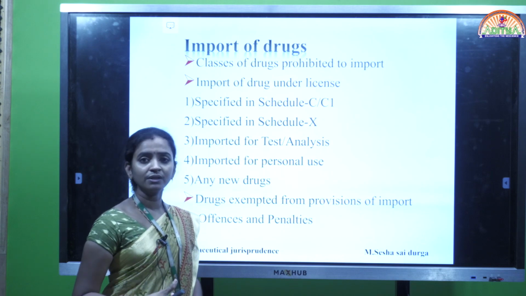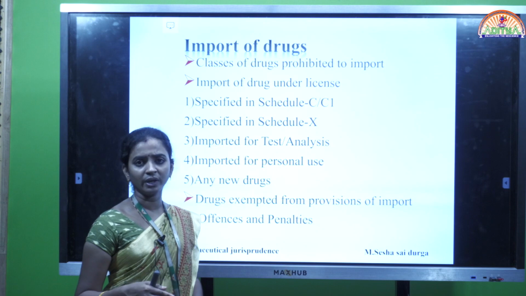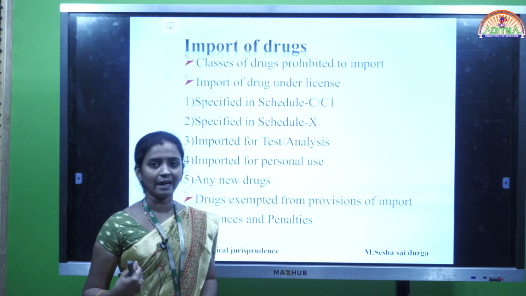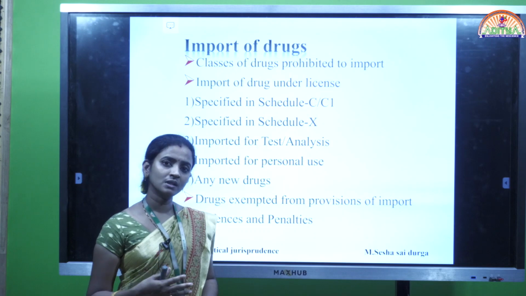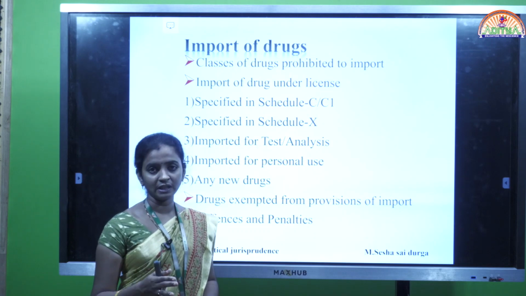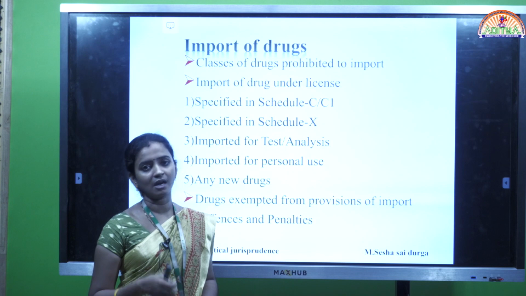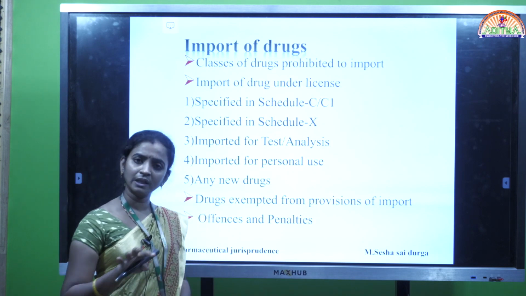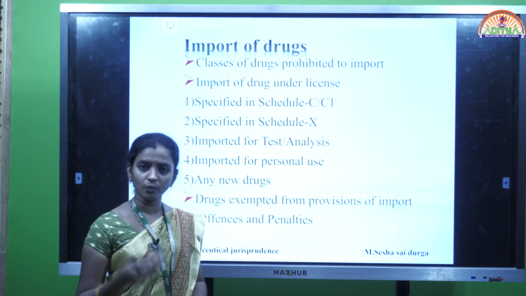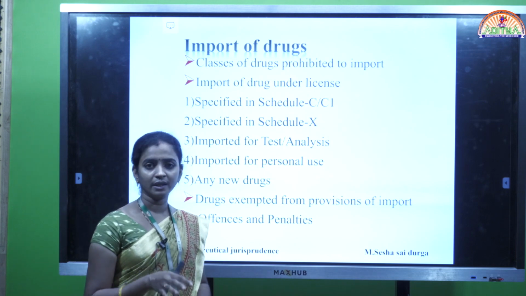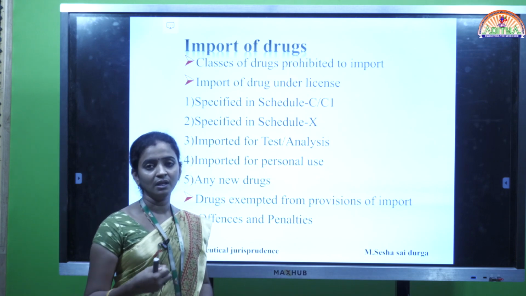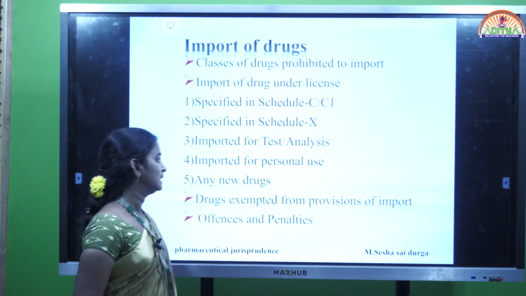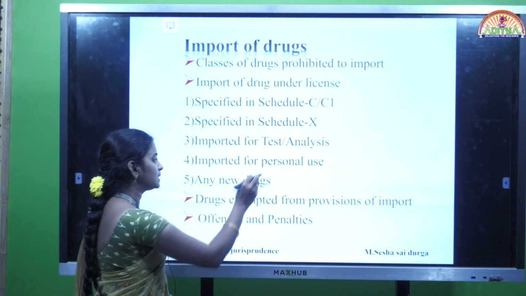If the doses of the drug are less than 100, okay, no need to obtain any license, he can carry them with his casual luggage. But when the doses are more than 100, then definitely he should obtain a license from the government. First they have to inform the concerned authorities, then if approval is given, they can carry the medicine from foreign to India. That comes under imported for personal use.